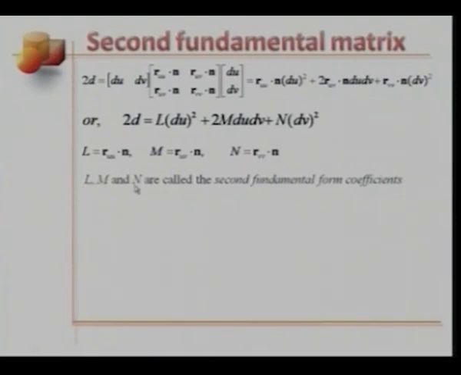L, m, and n can be called the second fundamental form coefficients. So the second fundamental matrix D is written as L, m, m, and n, which is r uu dotted with n, r uv dotted with n, r uv dotted with n, and r vv dotted with n.